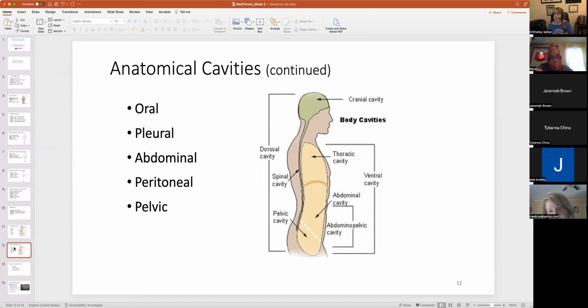Your abdominal cavity, what you have inside your abdominal cavity differs whether you're a male or a female. Or I should say, this has nothing to do with sexual identity. This has to do with anatomical parts, okay? And your pelvic cavity, which is down there between your hips, okay?